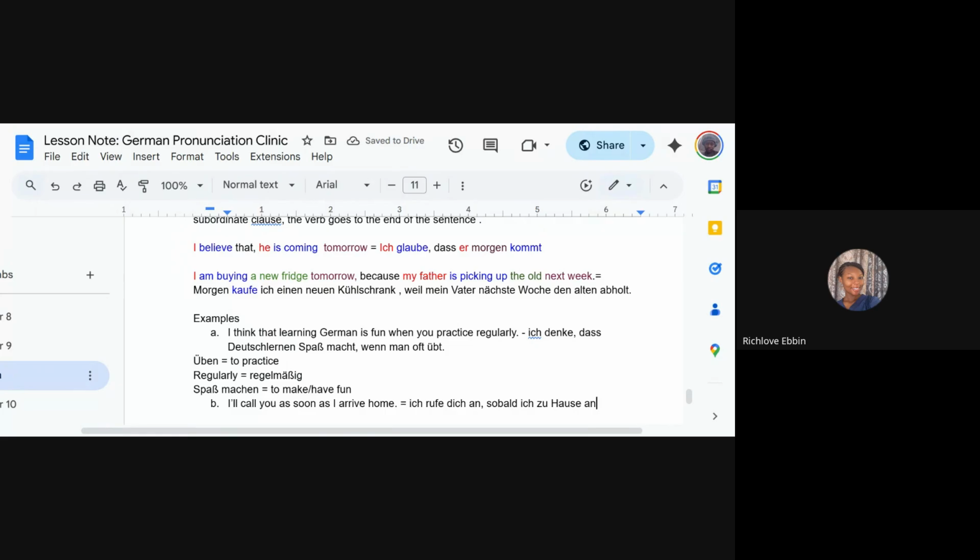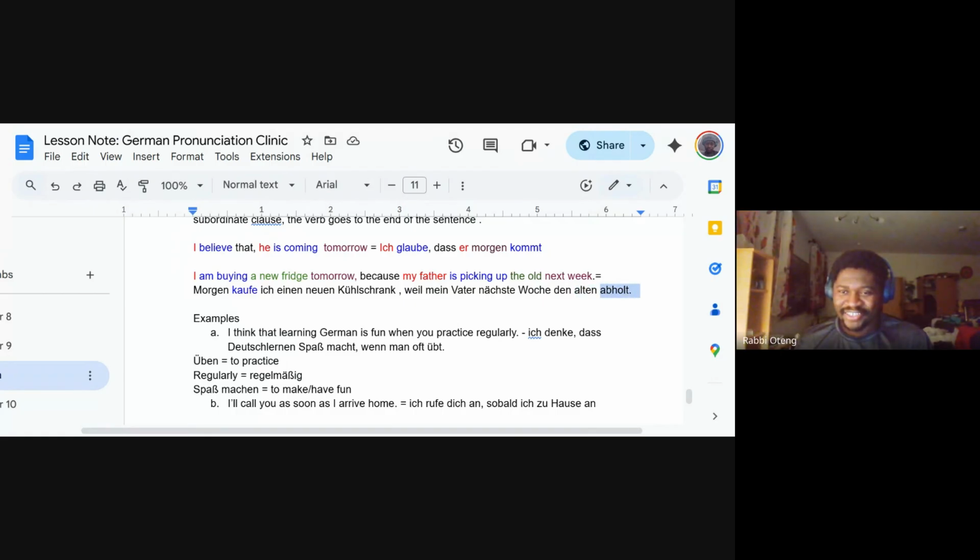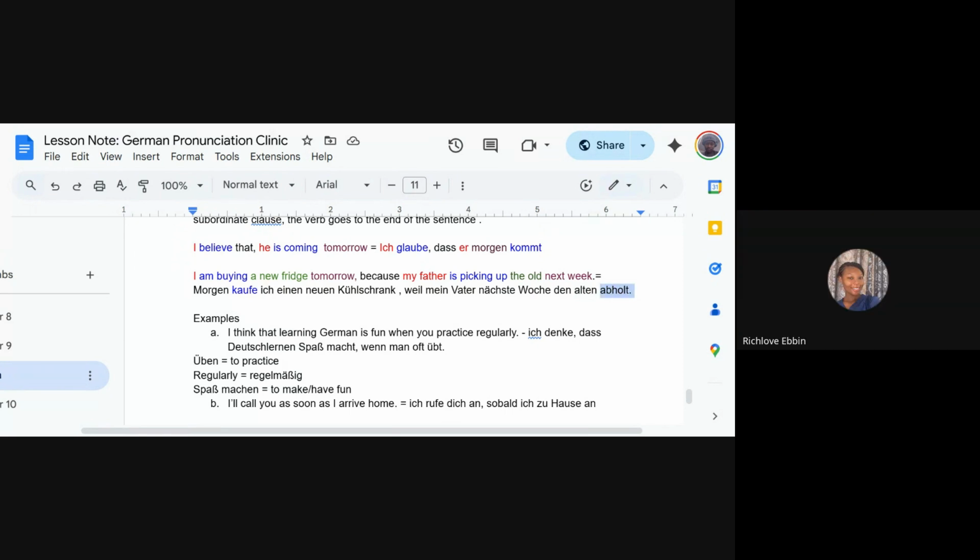So I want to ask a question here. Once you realize this verb has a prefix, that it's separable, are we going to separate it? It's separable, but at the end, ankommen.